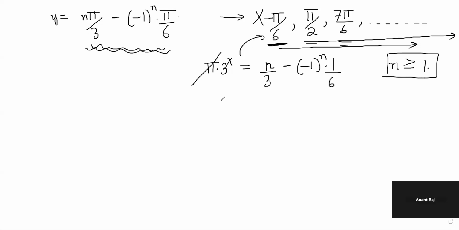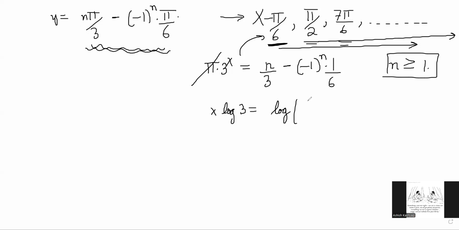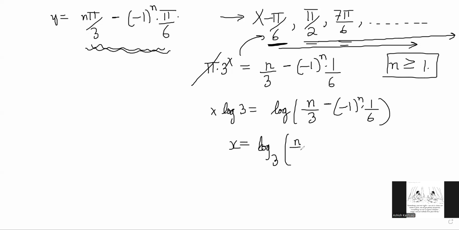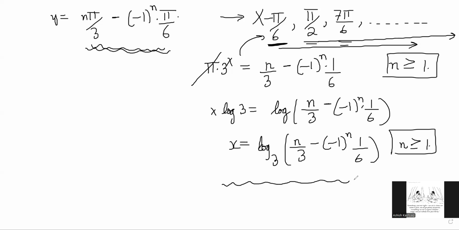And now you'll take log, x log 3 is equal to log of this positive thing. And you'll get x is equal to log base 3 of this thing, where n belongs to integer, but it is greater than or equal to 1. Is everyone understanding what I'm saying?